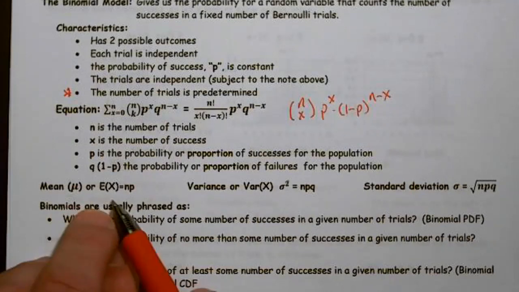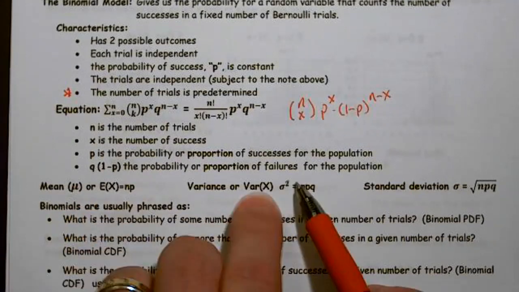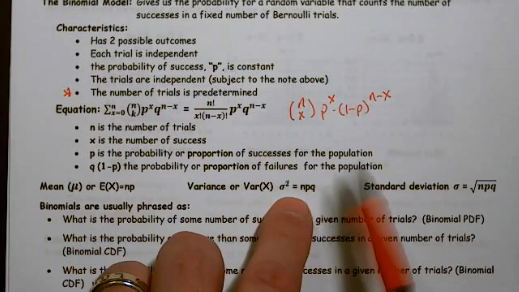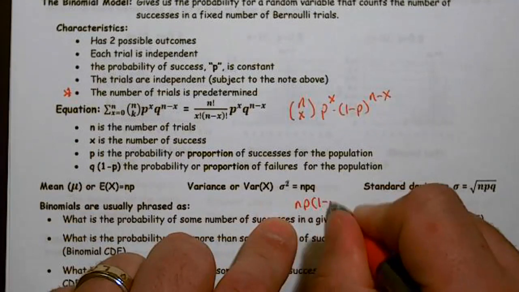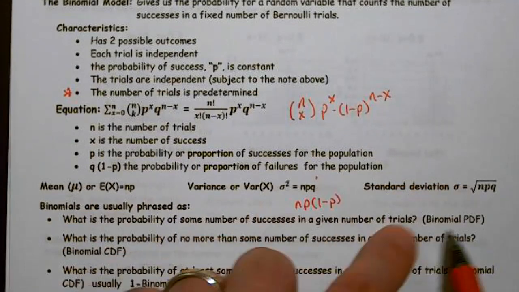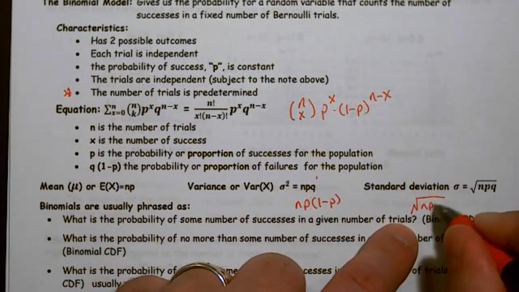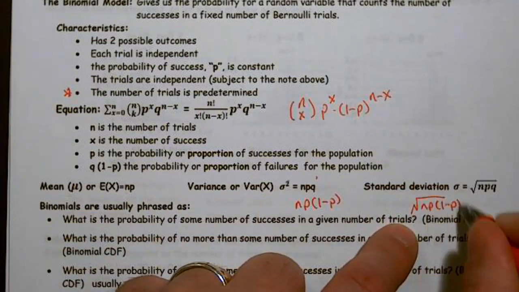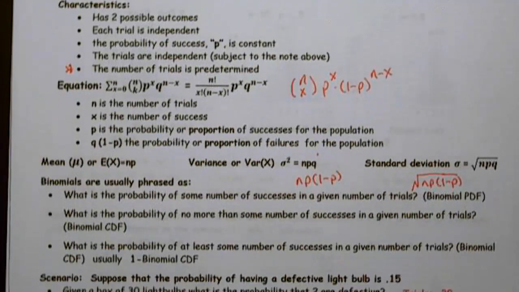The mean or the expected value is just the sample size times the probability. Variance, the sample size times probability times 1 minus probability, or n times p times 1 minus p. I like to abbreviate this way, n p q. And the standard deviation is the square root of n times p times 1 minus p. And once again, I like to abbreviate with the q, just makes things easier.